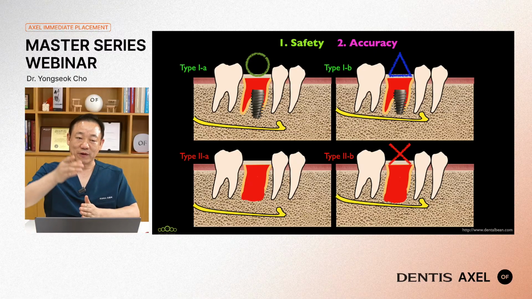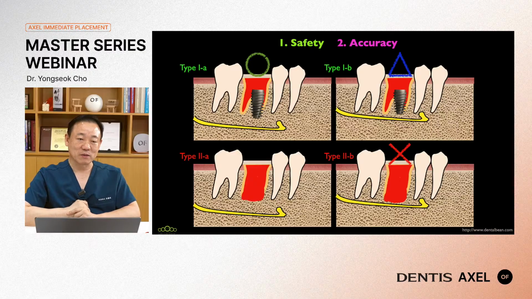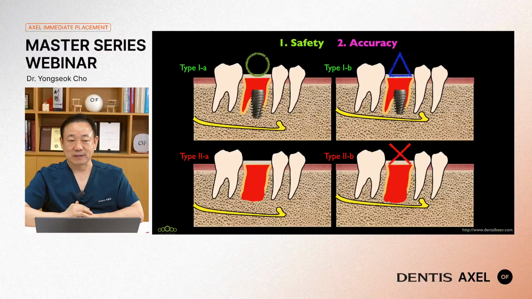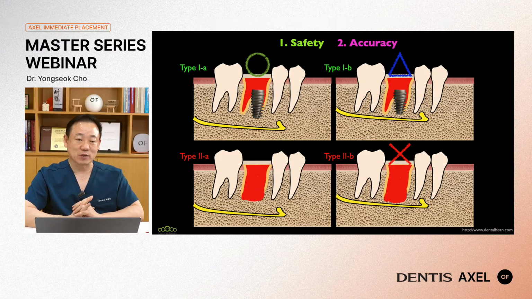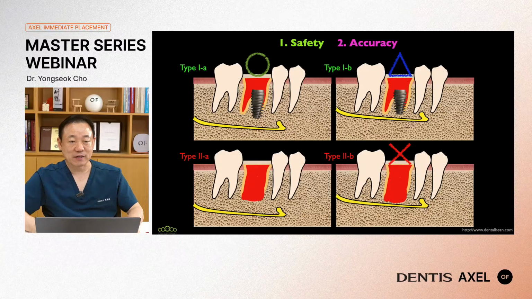You must prep the osteotomy more than 3 millimeters to fix the implant. But in reality, it is very hard. Drill stop does not function well in this situation. So accidentally, you may pass the mandibular canal. So it is also a relative contraindication.